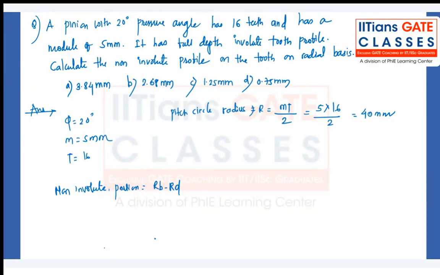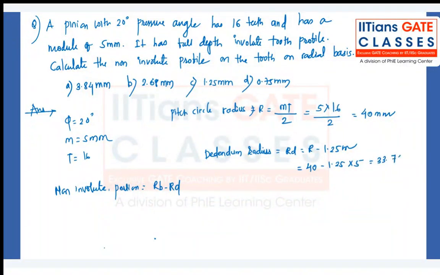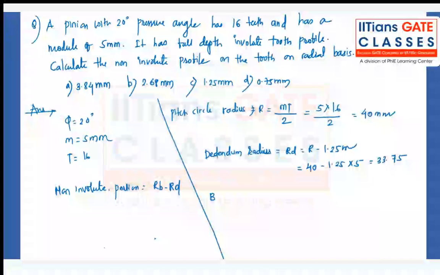So you got the R value. Next one is the dedendum radius RD. It is R minus 1.25 times module. So it is 40 minus 1.25 times 5, which is 33.75. This is your RD. Now the next one is base radius.